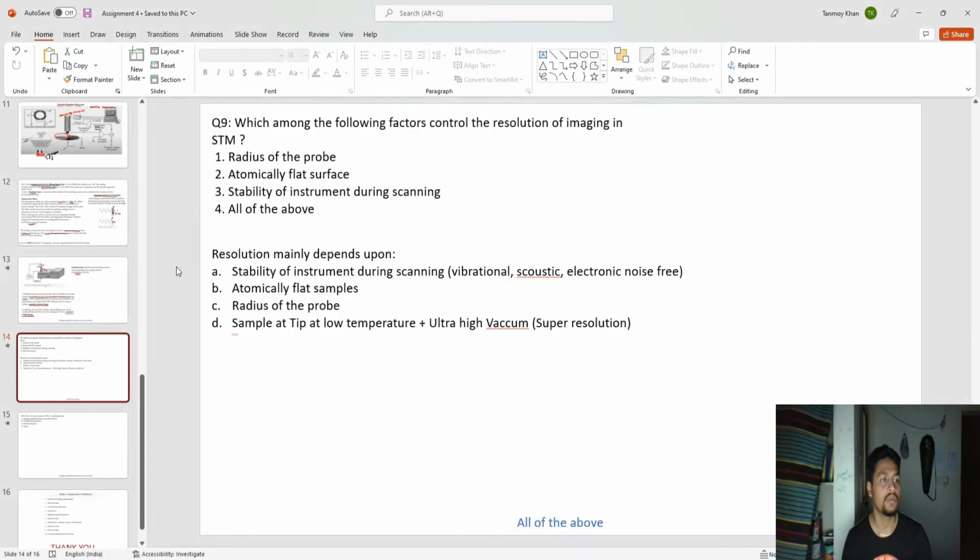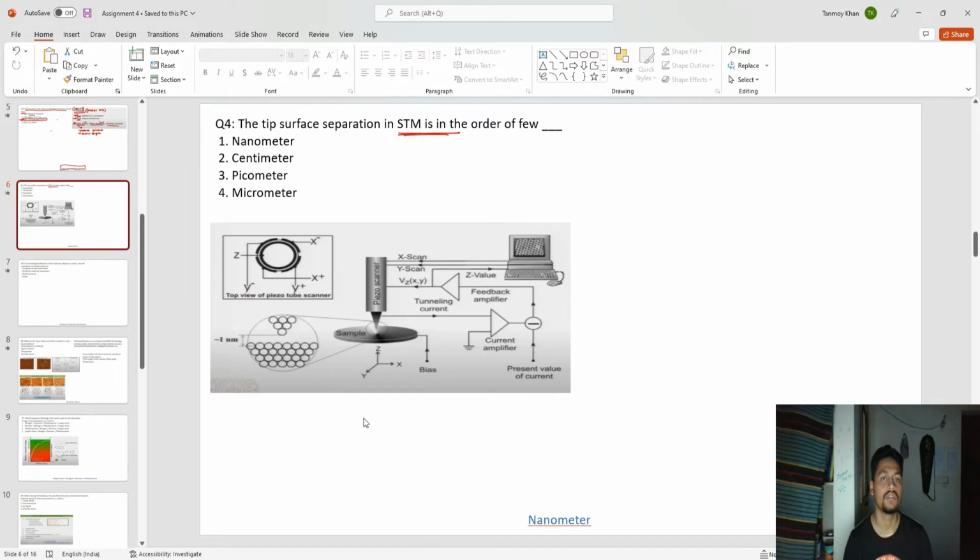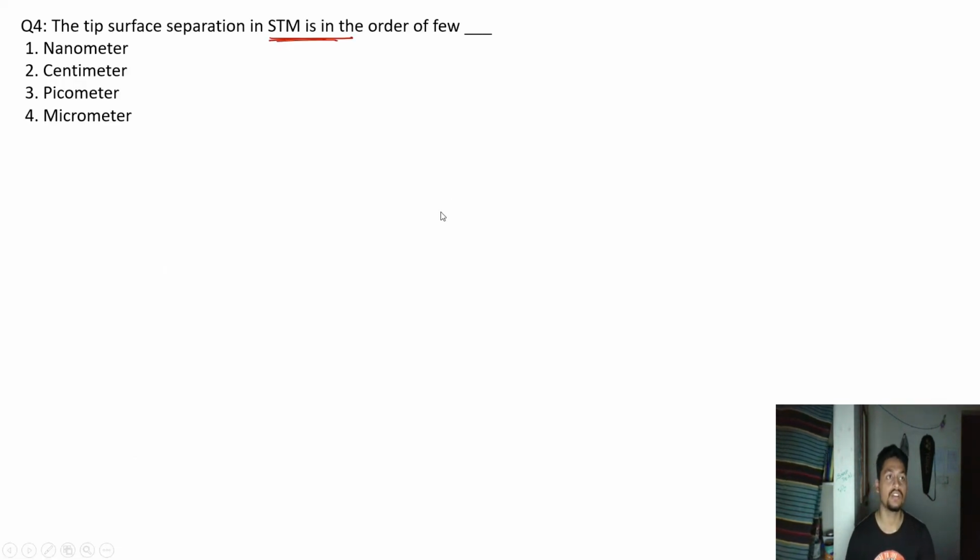Now let's go back to the question. The tip surface separation in STM is in the order of a few... We have already seen this is nanometer, 1 or 2 nanometers. So we do not waste any time here.